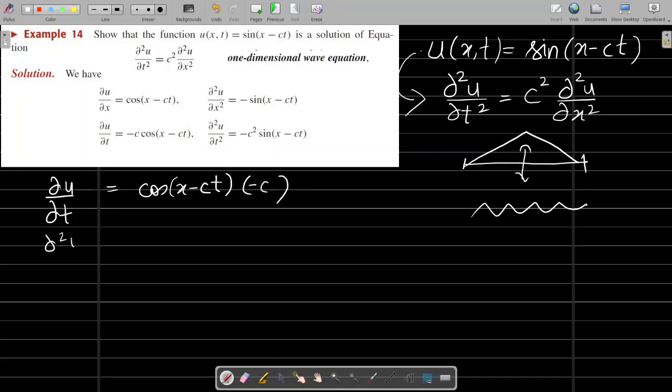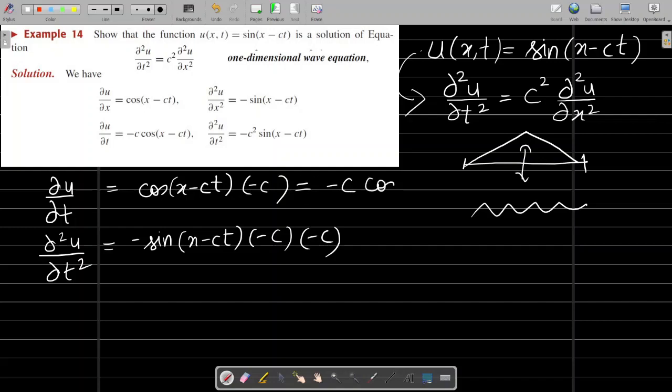Again, for ∂²u/∂t², you have to partially differentiate this. The derivative of sine is cos, and the derivative of cos is minus sine. If it's confusing, I'll write this as −c cos(x − ct).